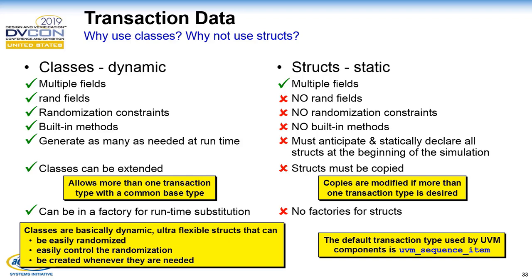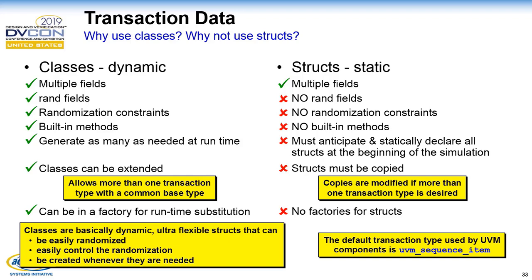With structs, you have to copy the code and then modify the code in what would be the extended version. Classes can be in a factory for runtime substitution. No factories for structs. So what it comes down to is classes are basically dynamic, ultra-flexible structs that can be easily randomized, easily control the randomization, and be created whenever they are needed. That's why we use classes for verification methodologies.